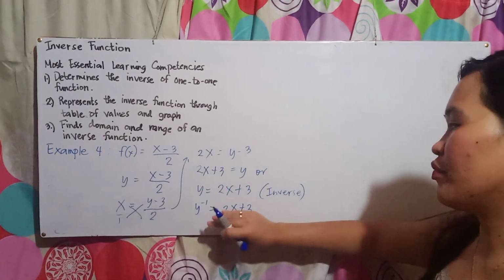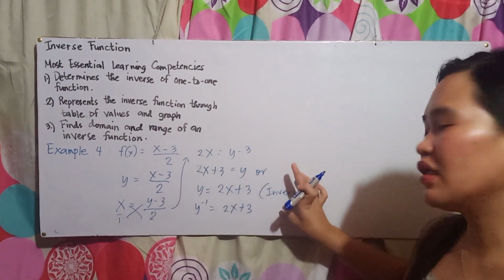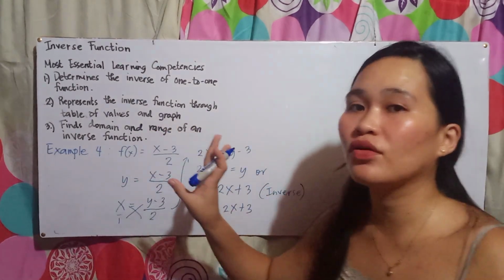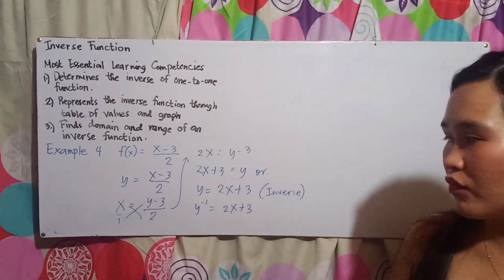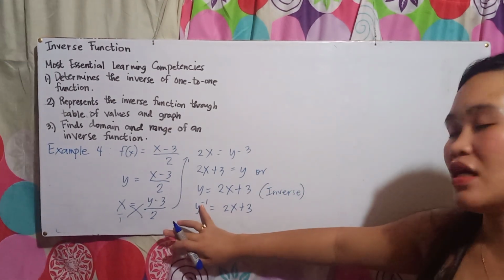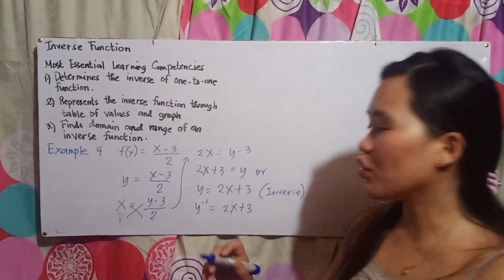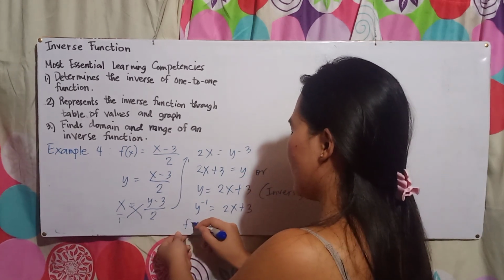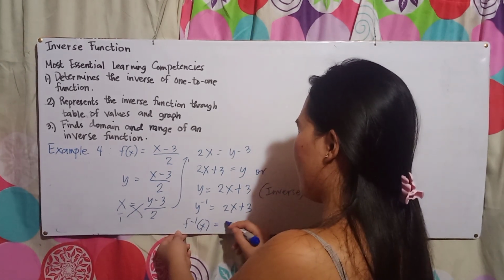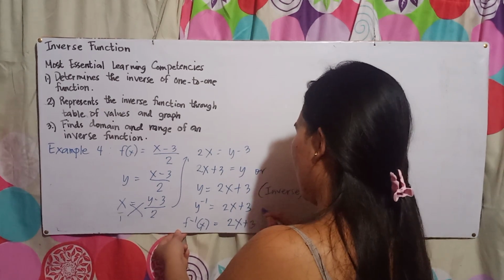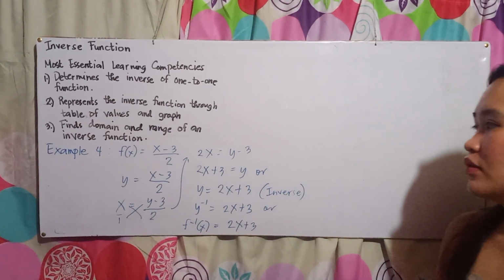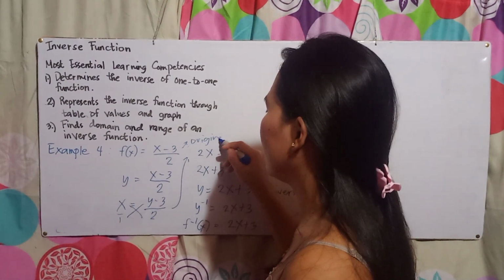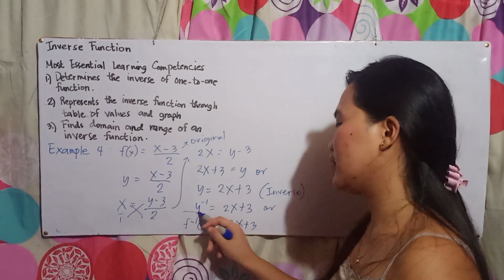To identify that it is the inverse, you can put the word inverse so you don't get confused about which is the given function, the original, and which is the inverse. Or, you can use the symbol for inverse, y inverse equals 2x plus 3. Or, since y is the same as f of x, the inverse is f inverse of x equals 2x plus 3. So, this is the original. And this is the inverse.